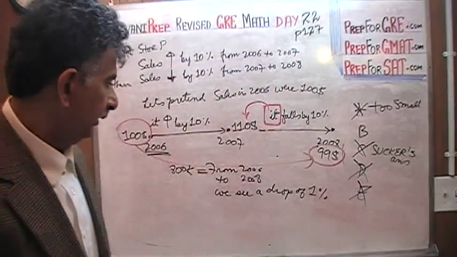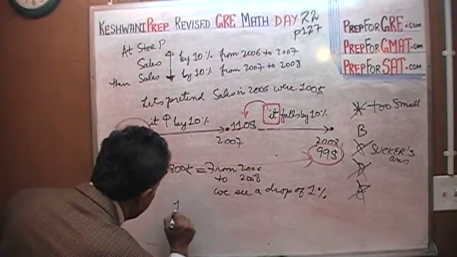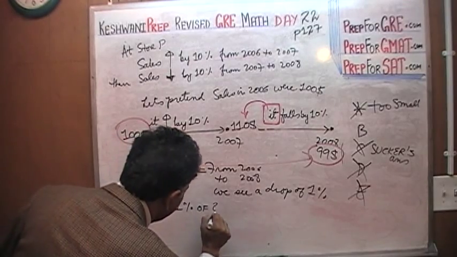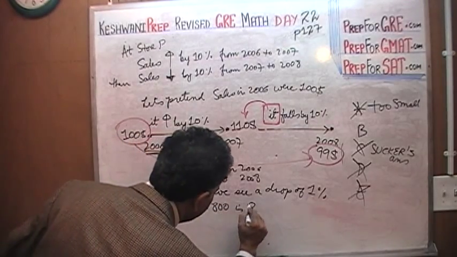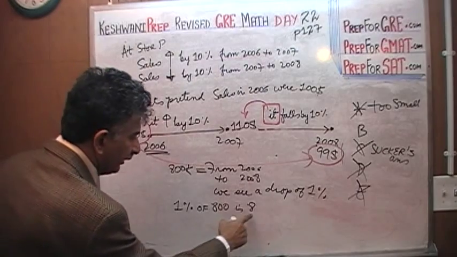The answer is B, because 1% of 800 is 8.